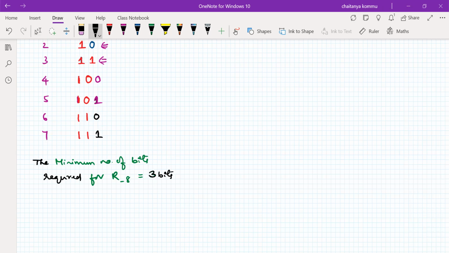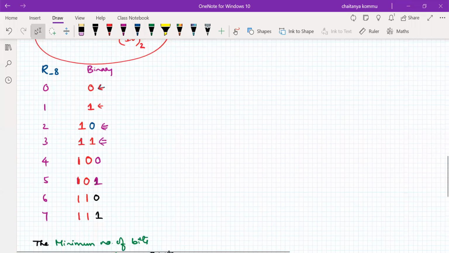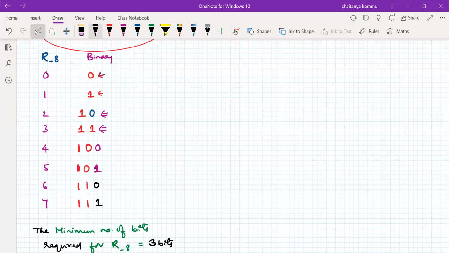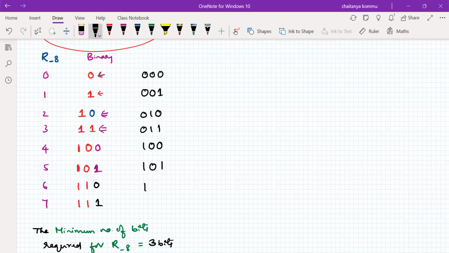3 bits are required. So that is the reason why the usual practice is 3 bits covered. Then 000, then 001. It doesn't matter how many zeros we put at the left hand side. 010, 011, 100, 101, 110, 111, already which is 3 bits. Agreed?